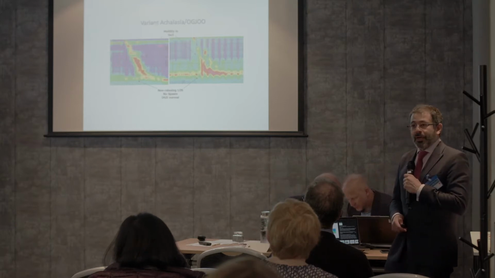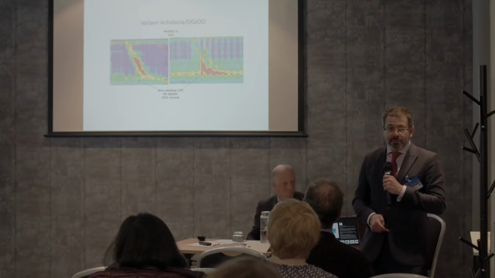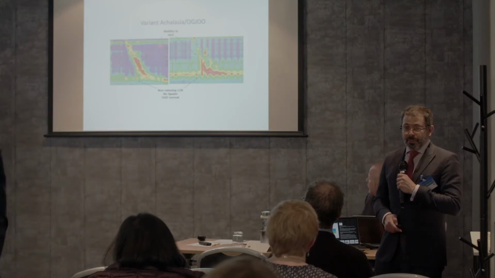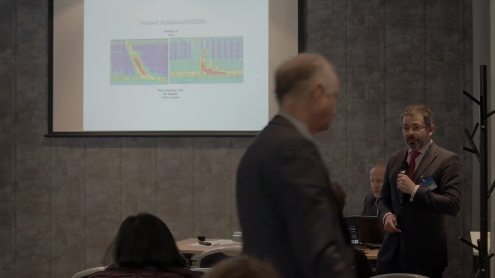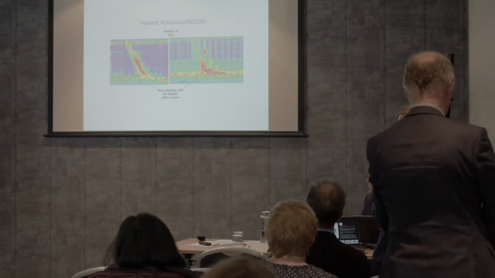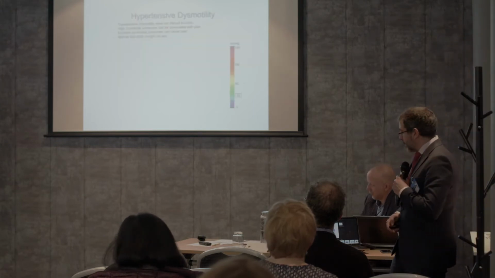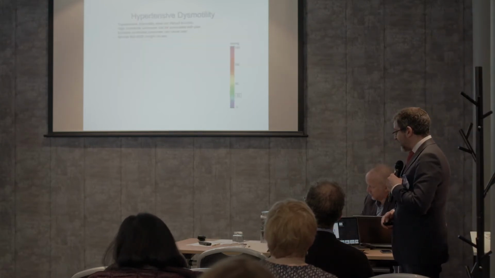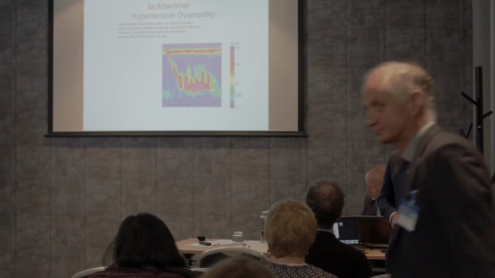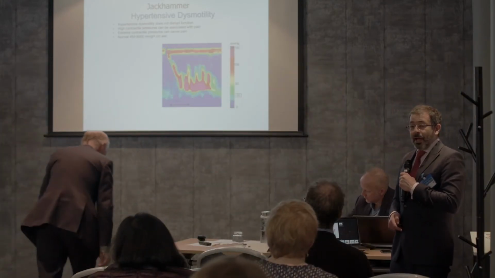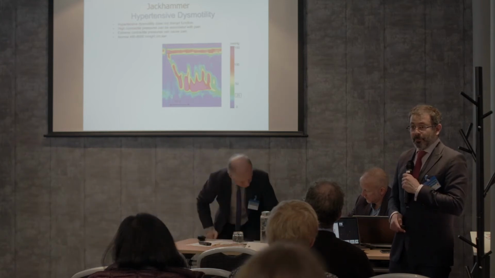Also, esophagogastric junction outflow obstruction, which used to be called variant achalasia, is another form of obstruction. So that needs to be considered as well, because ultimately it's a pathology in the esophagogastric junction associated with a non-relaxing sphincter. Now, hypertensive motility, which is known as jackhammer esophagus, is a hypercontractile disorder of the esophageal body.